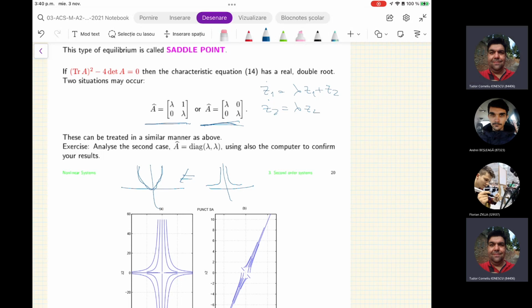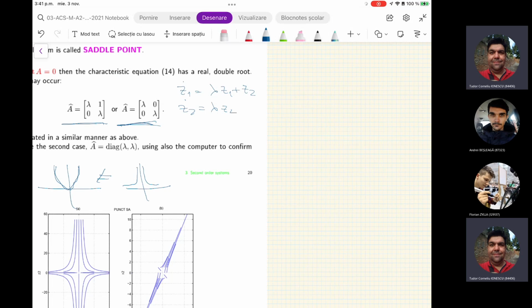You can do all the computations now. Here you get z2 is e to the lambda t z2(0), and you substitute it here.